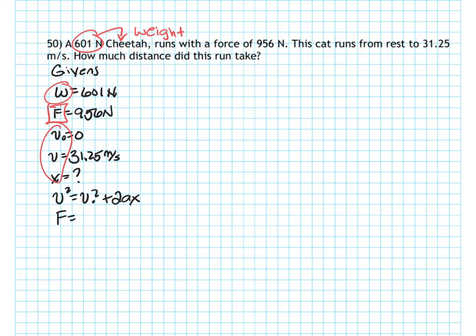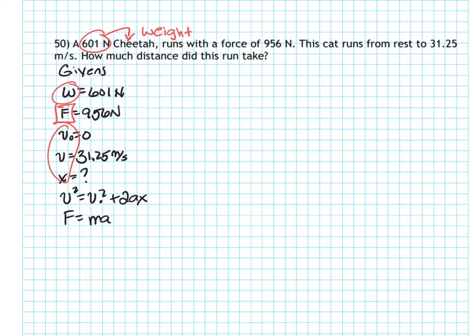So that's F equals ma, and I'll solve that for A. But then I've got to have the mass, because I keep going up. So the mass is going to be W equals mg.